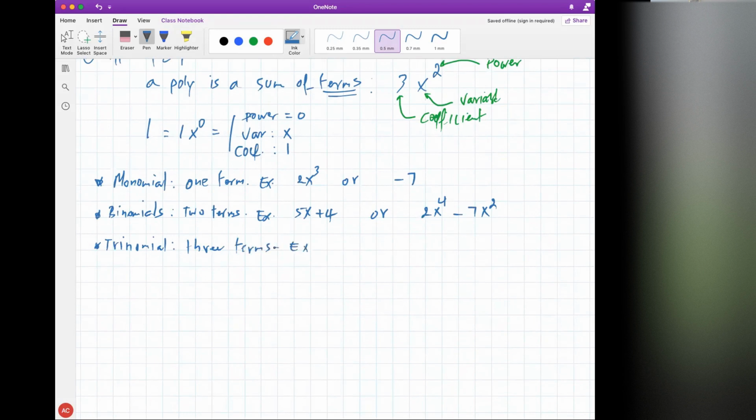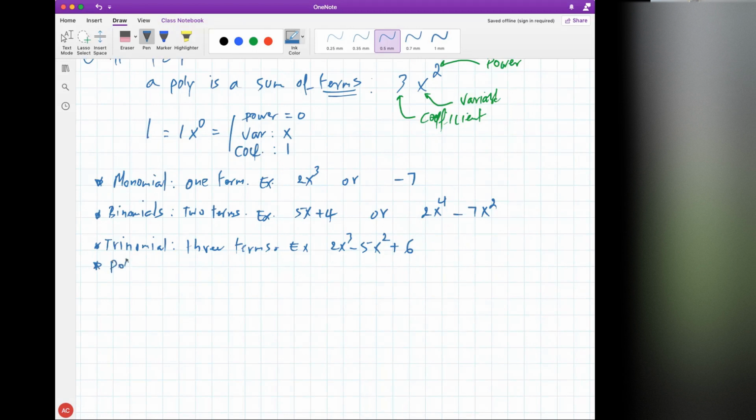And again, any of the 3 terms, let's say 2x to the third minus 5x to the second plus 5 or 6. It's a trinomial. Again, all the powers are fine, no negatives, no decimals, or so on. So it is a trinomial. And anything with more than 3 is called a polynomial.